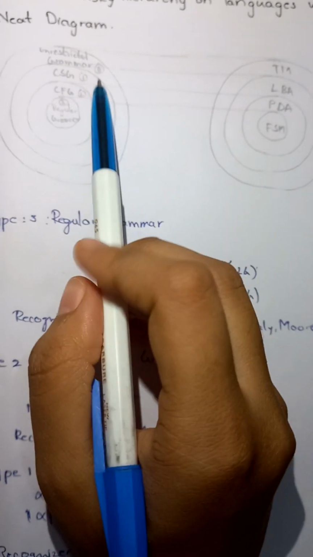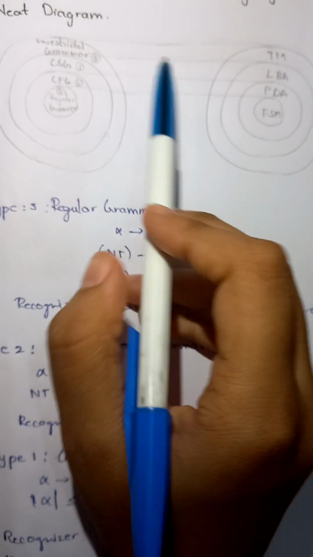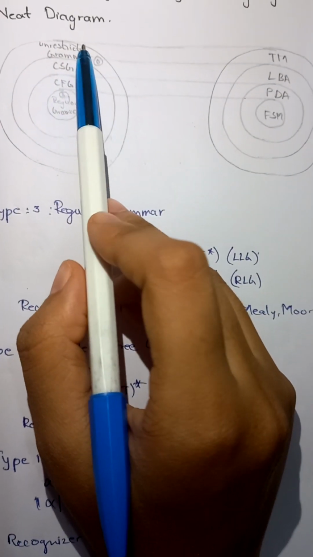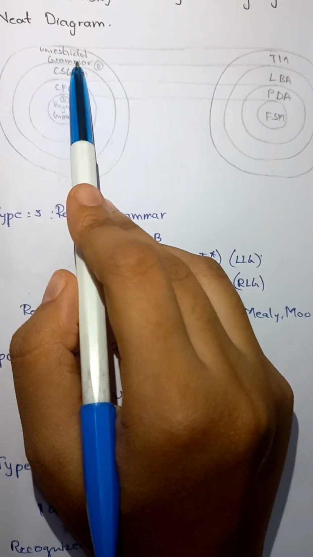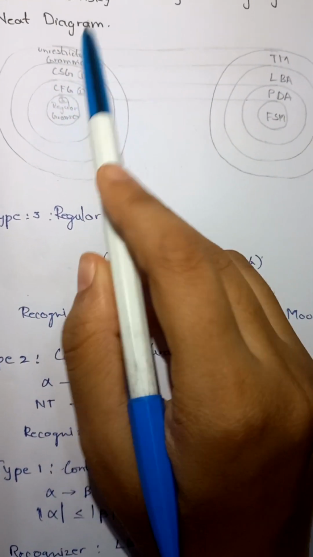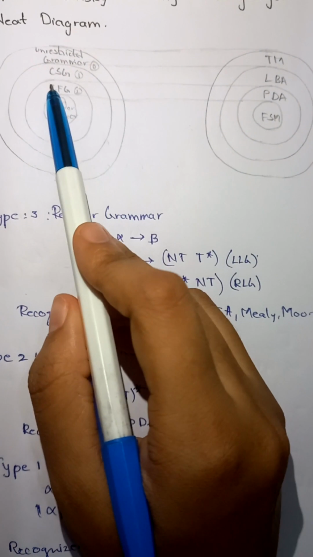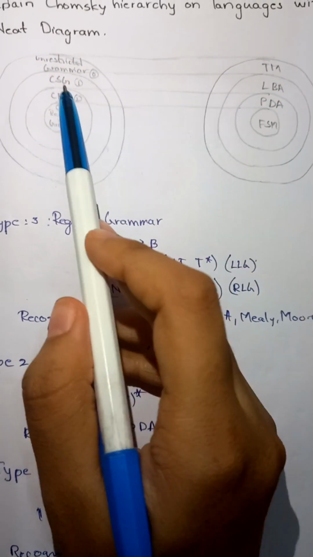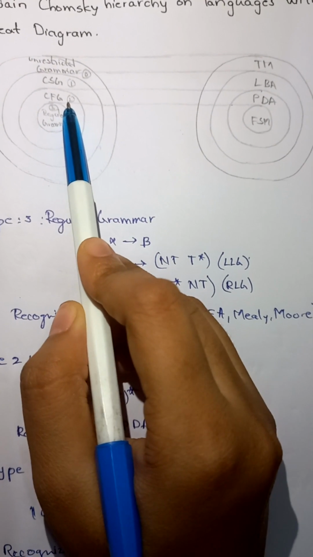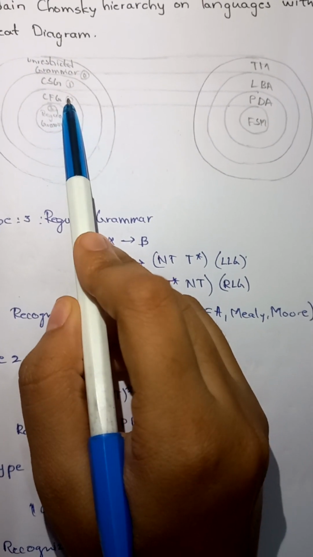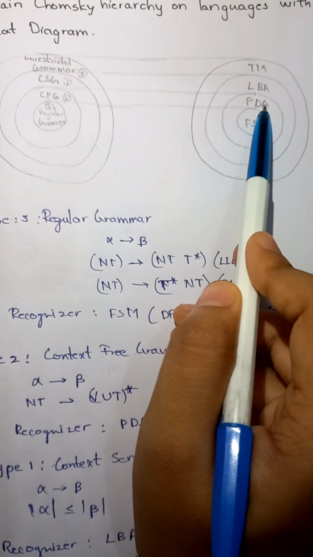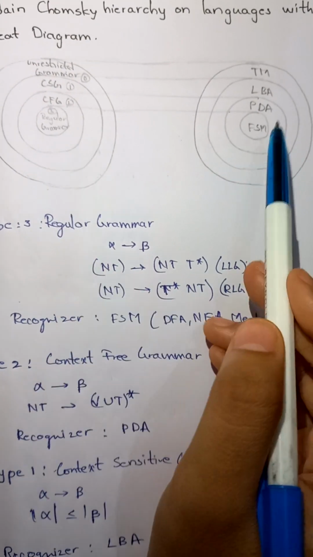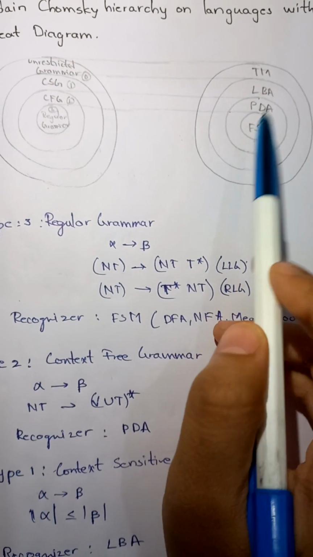And this is a diagram for Chomsky hierarchy. The first one is unrestricted grammar. Unrestricted grammar's recognizer is the Turing machine. The next one is context sensitive grammar. The recognizer is linear bounded automata. Type 2 is context free grammar. The recognizer is push down automata. Type 3 is regular grammar. The recognizers are finite state machines.